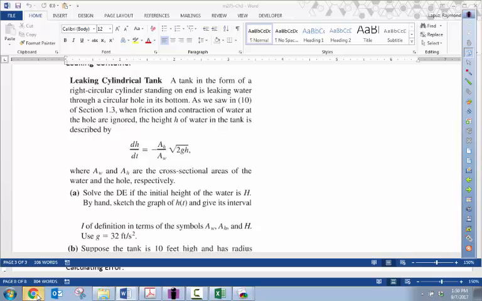Gravity. I think in 1.3, all you had to do was set up the differential equation. You didn't solve for it. Correct. So this chapter tells you how to solve for those differential equations. Once you have the equation, you just do the stuff that we were doing in Chapter 2.